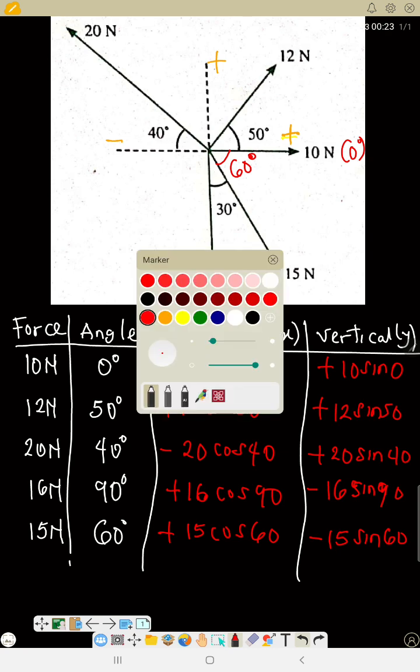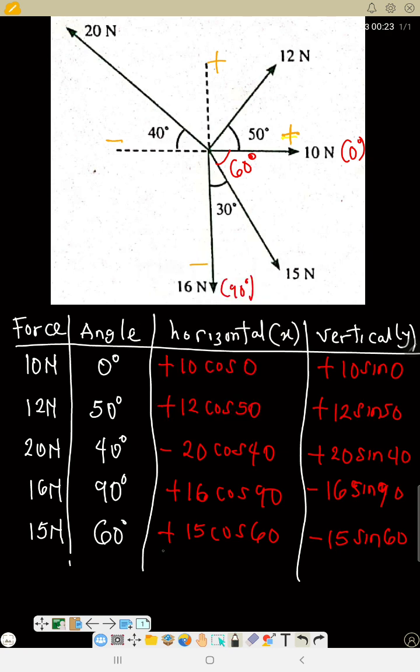The next thing is to add all the forces together. Add all the forces here, and also add all the forces here.